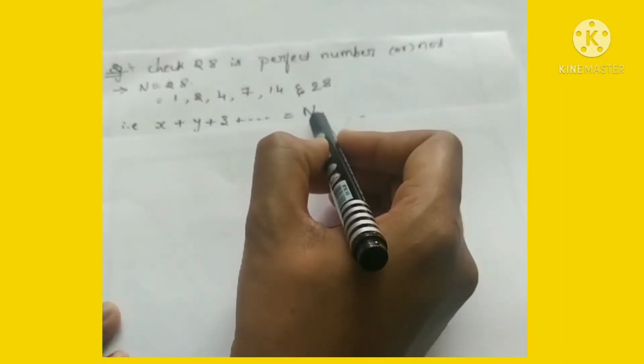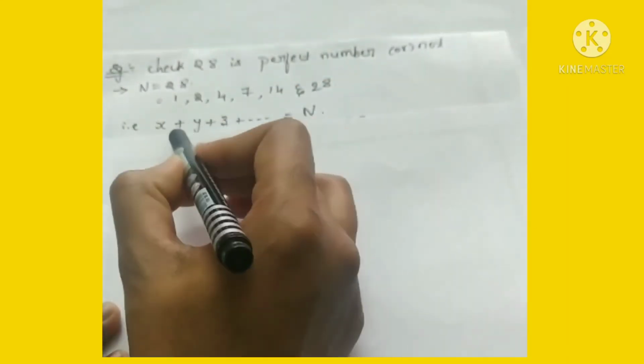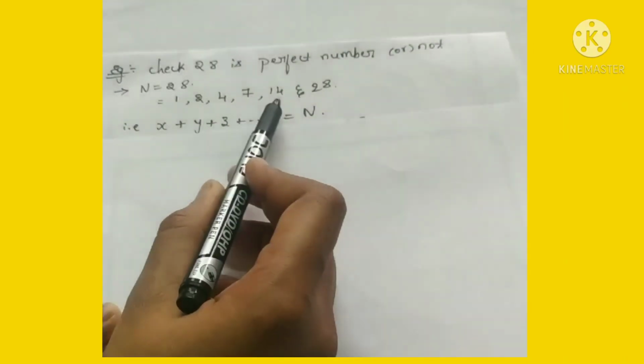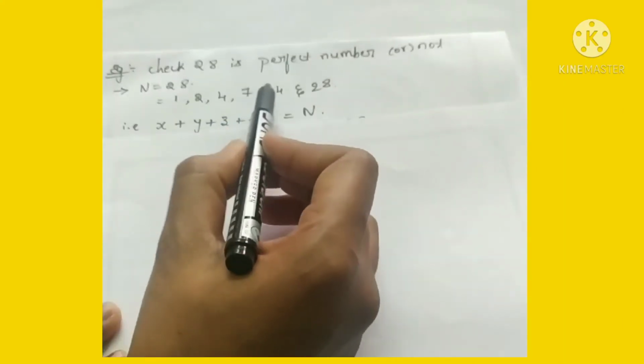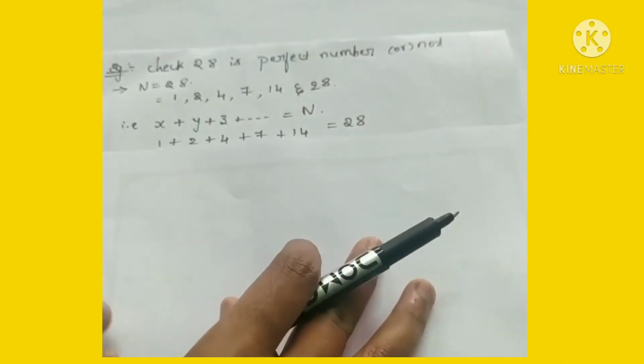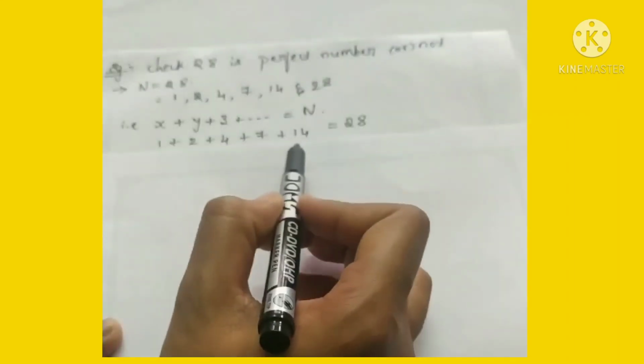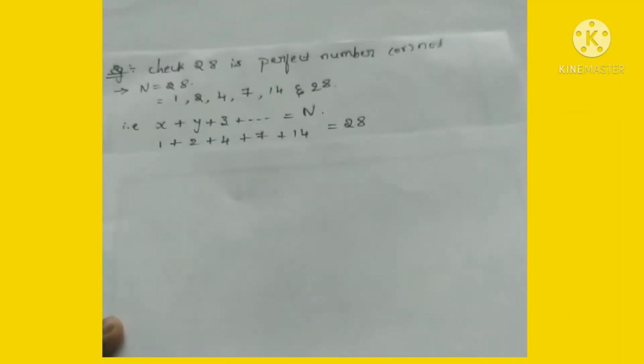Now here n refers to 28, and x, y, z are the numbers 1, 2, 4, 7, 14. Now I will add all these numbers. 1 plus 2 plus 4 plus 7 plus 14 is equal to 28.